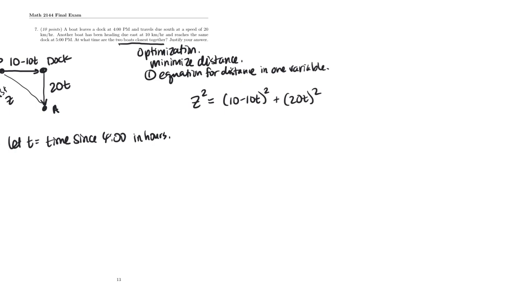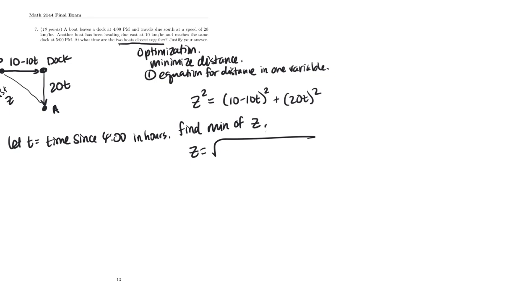And so, yeah, that's what I want to optimize. If I want to find the minimum of the distance z, that's equivalent to finding the minimum of z squared, but anyway, let's just find the minimum of z. So I have z is equal to the square root of (10 minus 10t) squared plus (20t) squared.